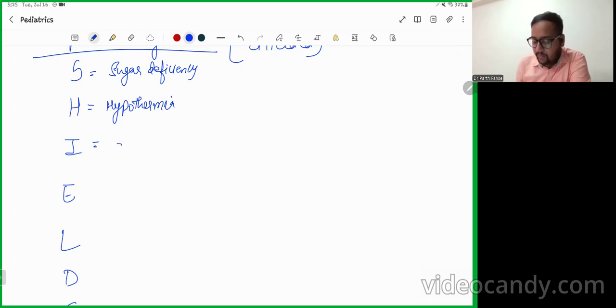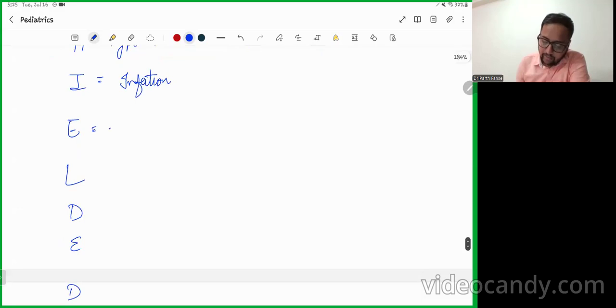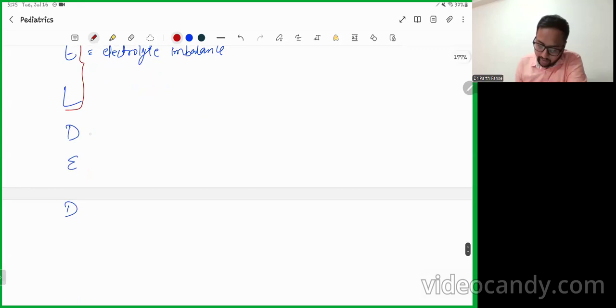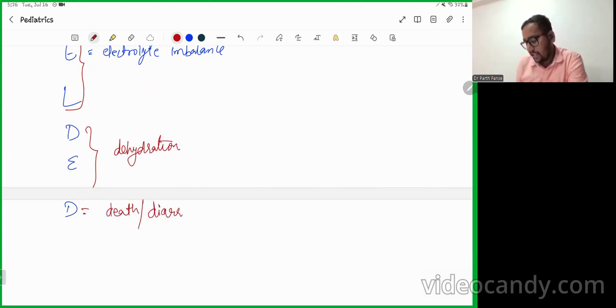The child's immunity will be low and the chances of infection are higher, so I is for infection. E is for electrolyte imbalance. What is DE for? Dehydration. And D for death, diarrhea, deficiency of micronutrients.